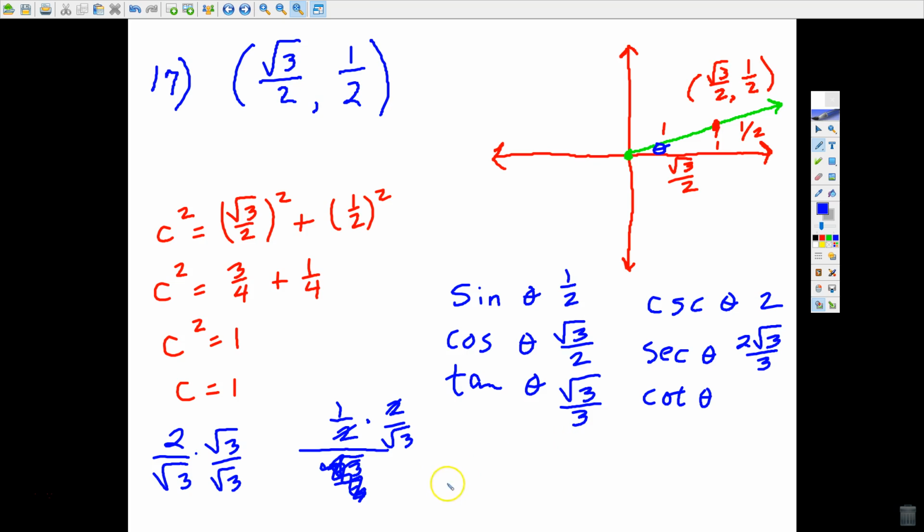And cotangent, that's just cosine over sine, or you can just take tangent and flip it over and rationalize. It starts off as 3 root 3 over 3, but you can cancel the 3's, and so that's just the square root of 3.